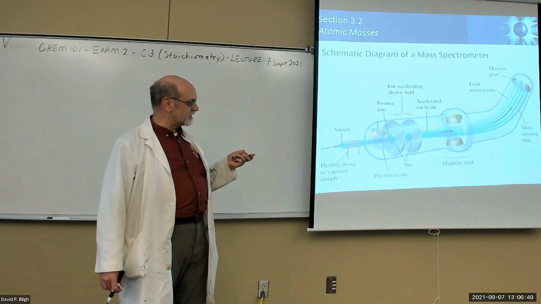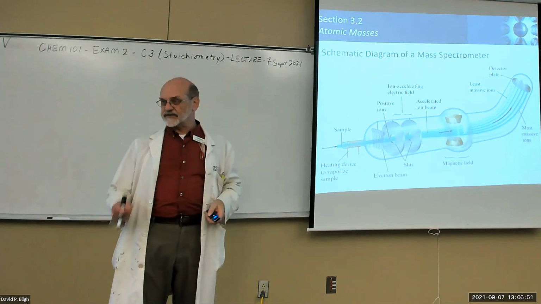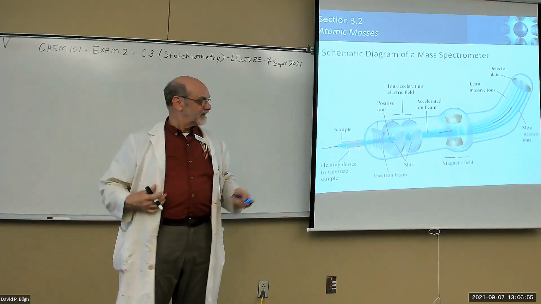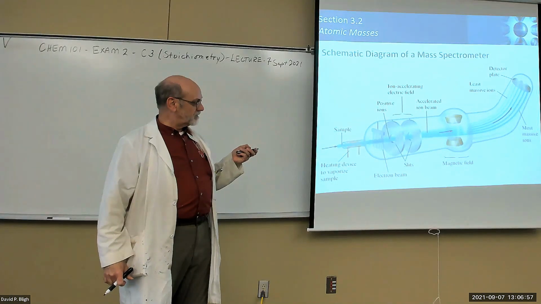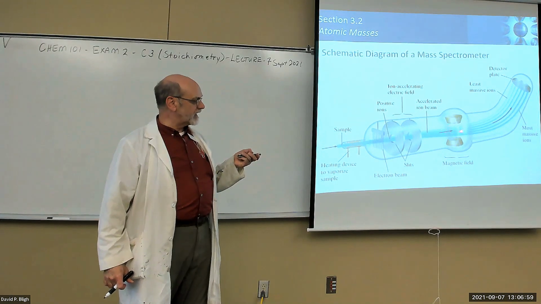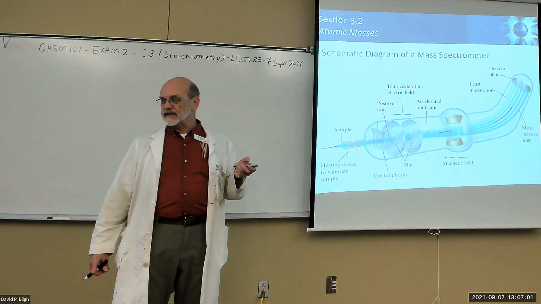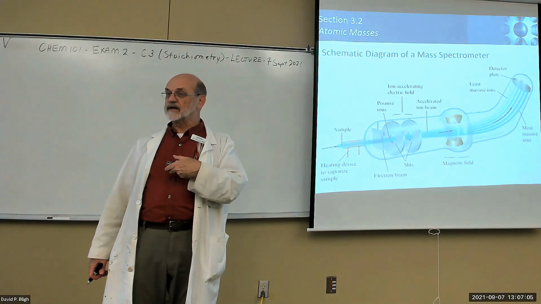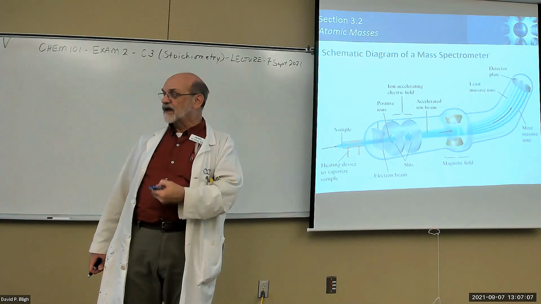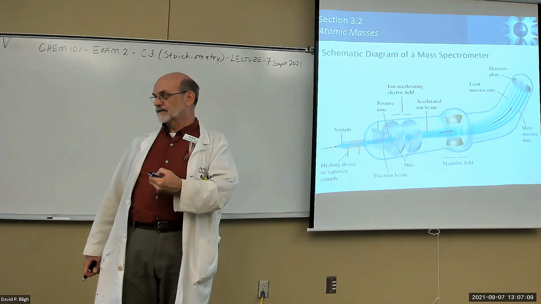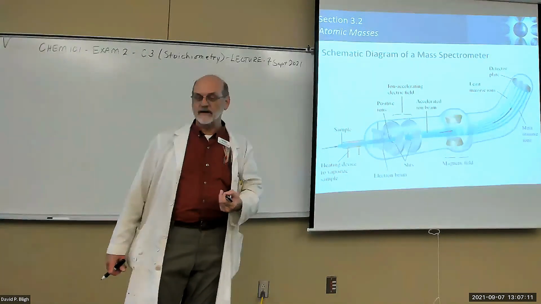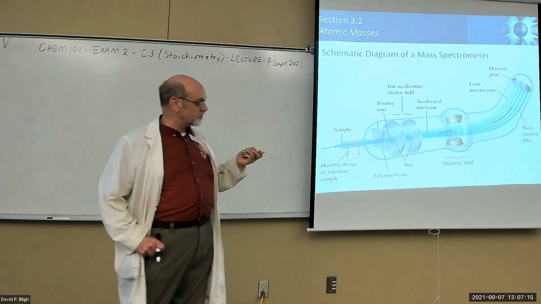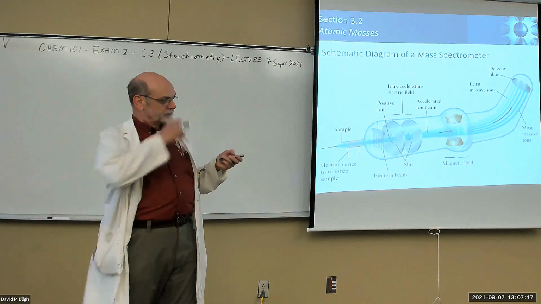Once we've ionized the atoms, and each atom has the same charge, that means the influence of the magnetic field here will be an equal force, because the force is based upon the strength of the magnetic field and the charge. It doesn't matter what the mass of the atom is. So the same force is applied to every atom here.